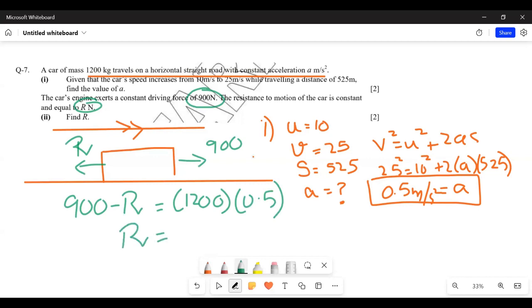So tell me what R is from here. Okay, 300. It is a force, so the unit is newton. Next question.